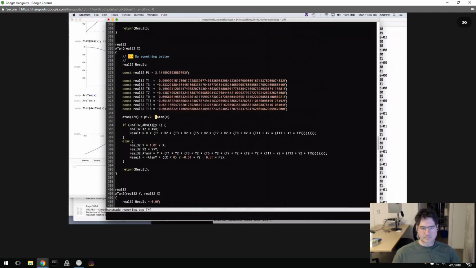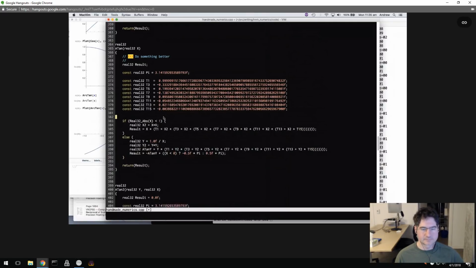And that's pretty much what we do here. We use the absolute x is less than 1 case, and the absolute x is greater than 1 case here, and then adjust that. So that's how we get A10 over the whole range here.